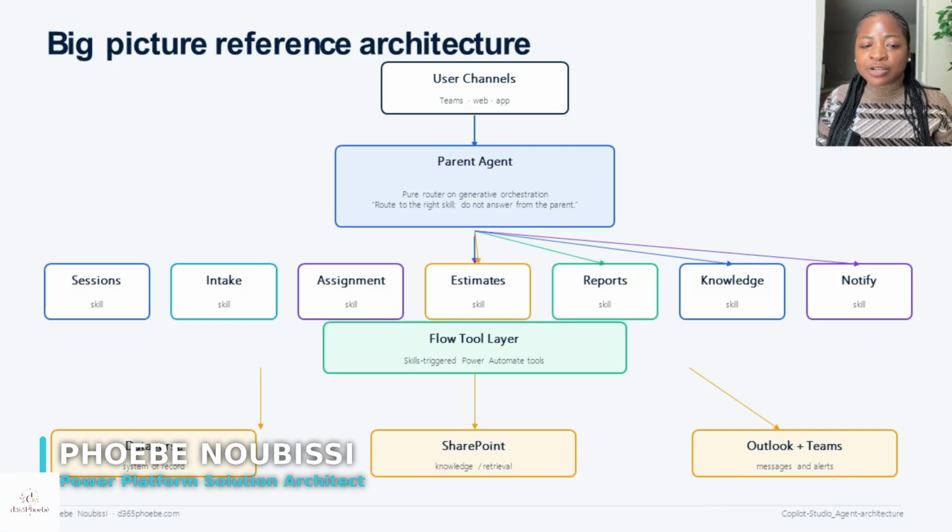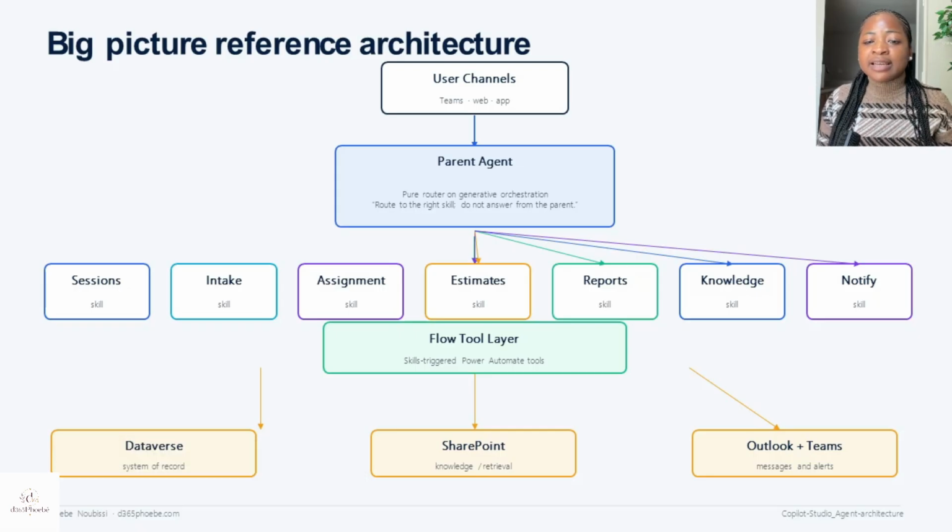And we have session skills, intake skills, assignment skills, estimate skill, report skills, notify skills, knowledge skills. And the database that we have is Dataverse. We also use SharePoint for the knowledge search, and we have Outlook and Teams to notify the users.